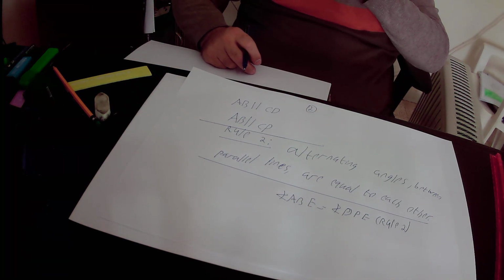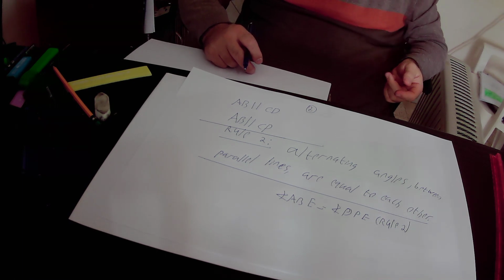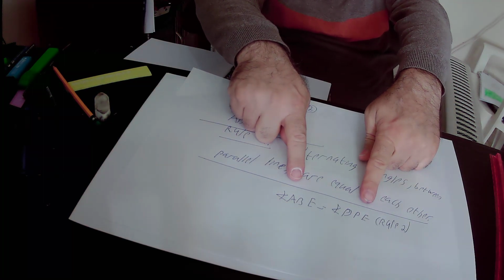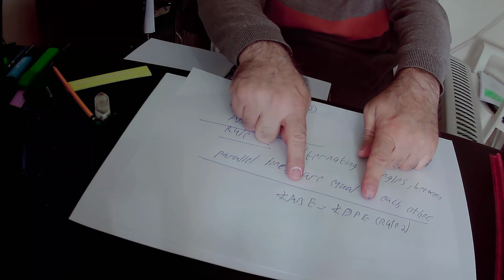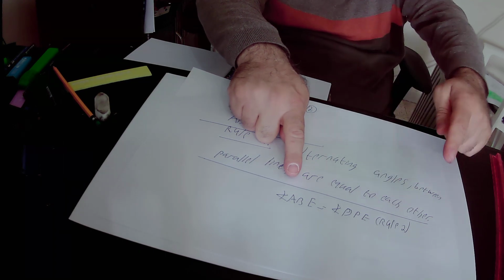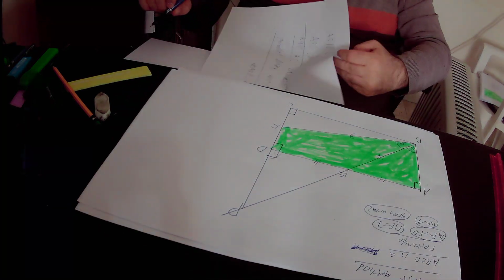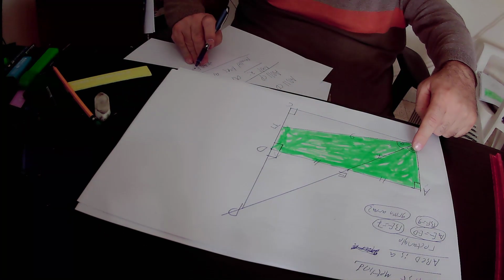Angle ABE equals angle DPE according to rule number 2, because those two angles are defined as alternating angles and are located between the parallel lines AB and CP, therefore they are equal to each other according to rule number 2. But it is given in the question that angle ABE equals theta.